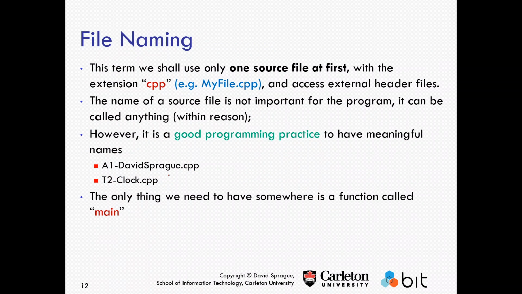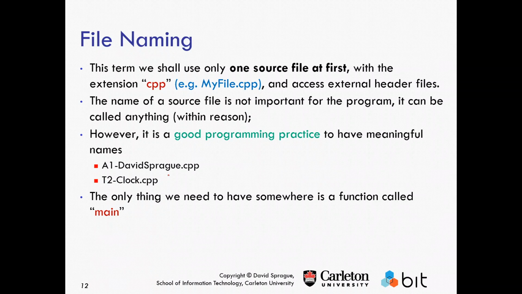For CPP files, for this term, most of the time we're going to have one file. That's it, and it's going to have .cpp as the extension. Why not .c? Well, because I'm lazy. Remember, efficiently lazy. I had a TA last term say, "Oh my gosh, you need to rename your CPP file to be C because we're just doing C code." And I went, "Yeah."